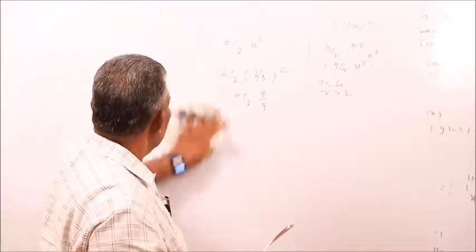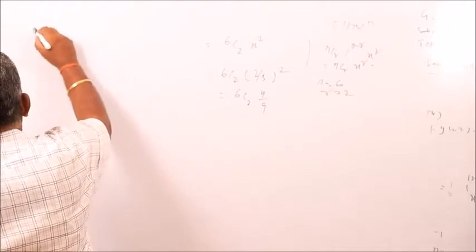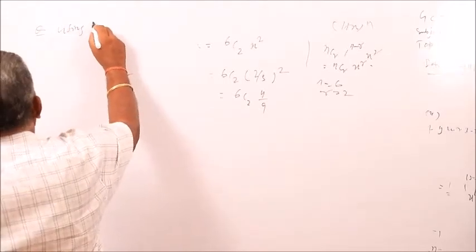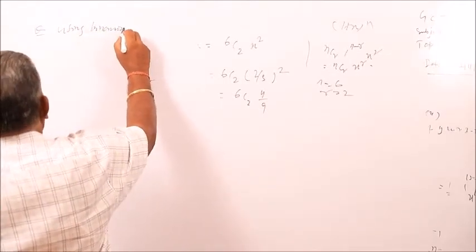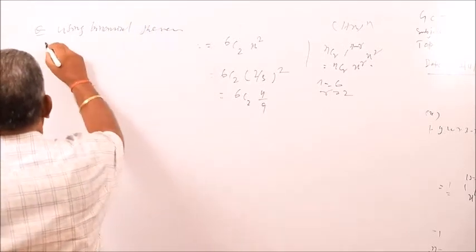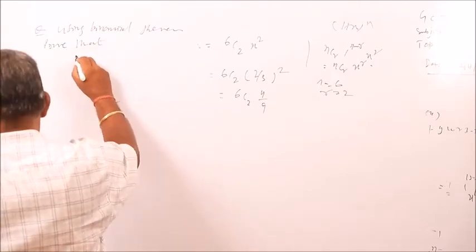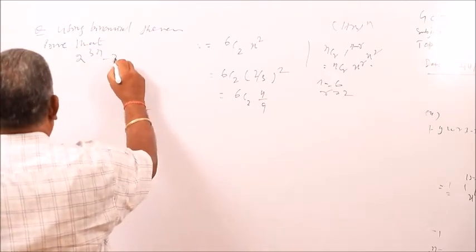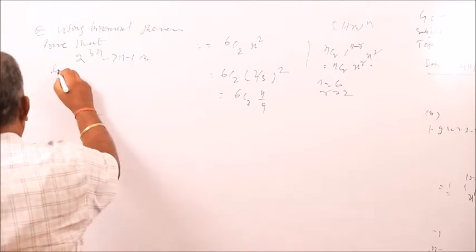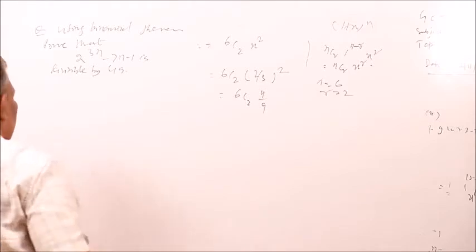Next, using binomial theorem, prove that 2 to the power 3n minus 7n minus 1 is divisible by 49.